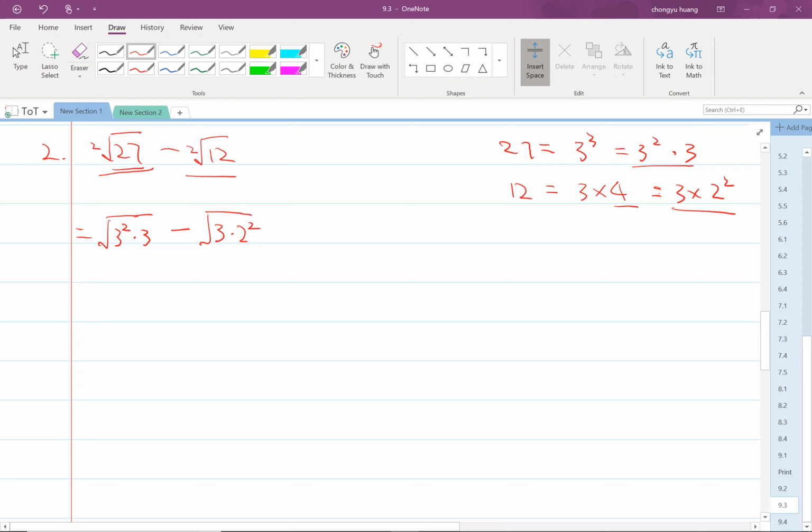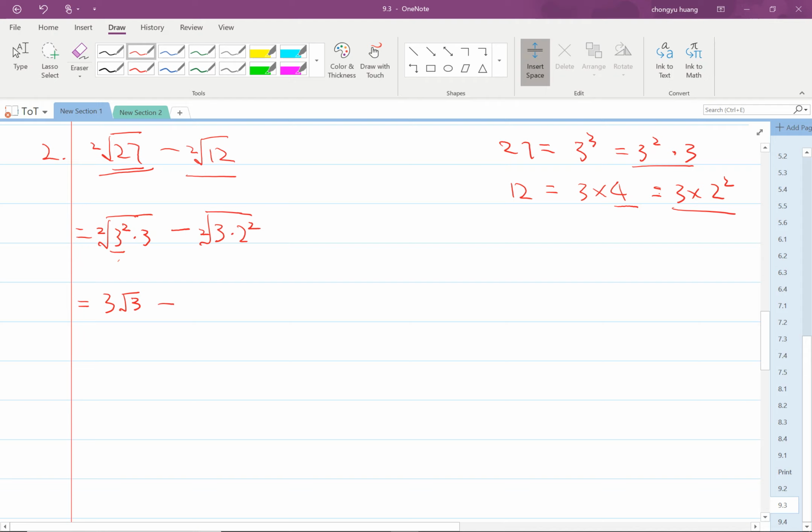We know that they are both under a square root, so we can cancel some terms. For the first term, we have 3 to the power 2, so we can simplify this into 3 square root of 3, right?